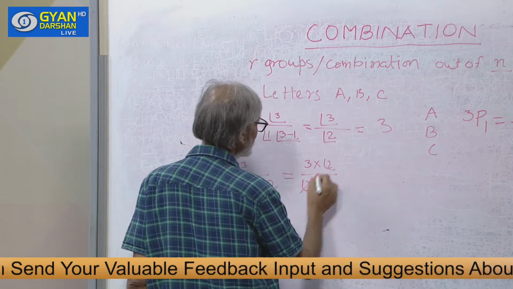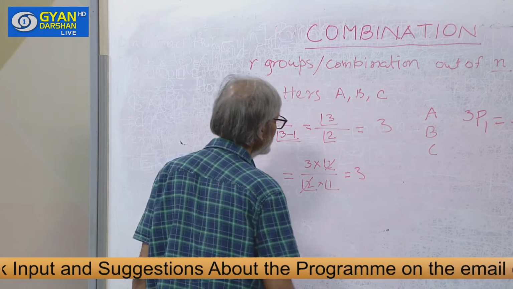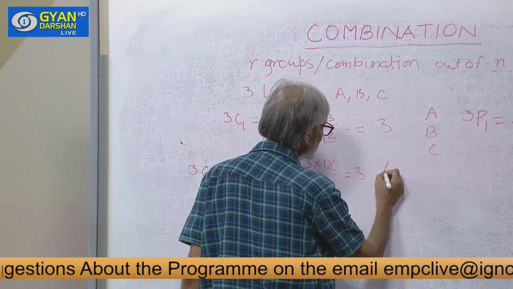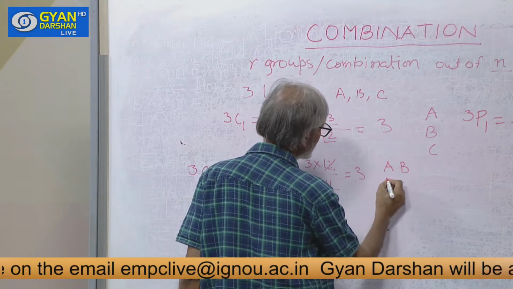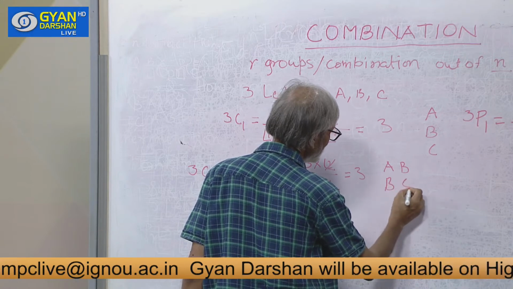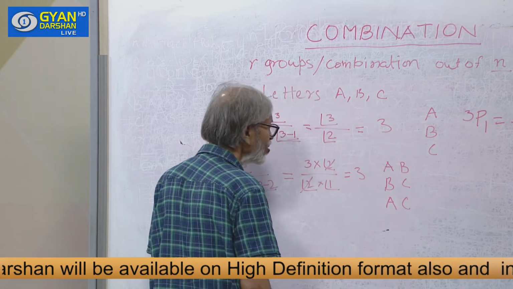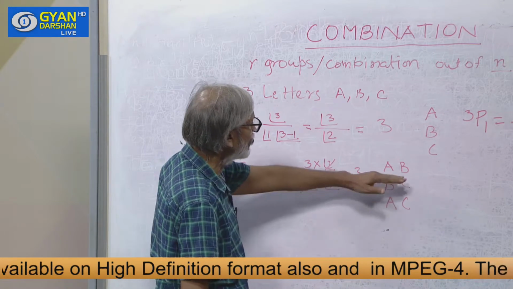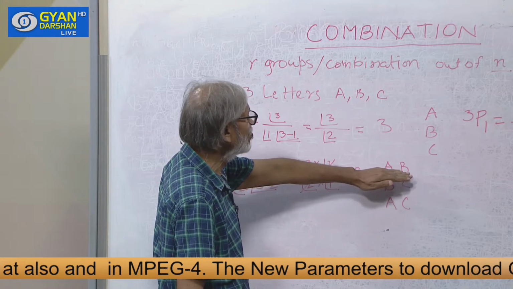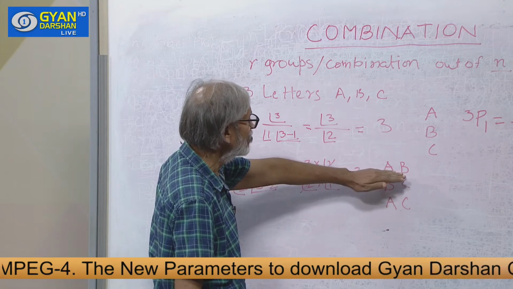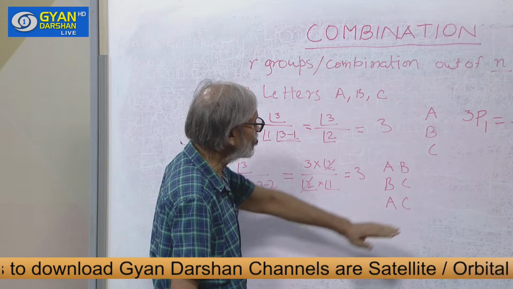These will be cancelled out, so it will become 3. So, what are these combinations? AB, BC and AC. Because order is not important here, BA will not come here. AB and BA will be one and the same thing, because only grouping is important. The other group is B and C, the third group is A and C.